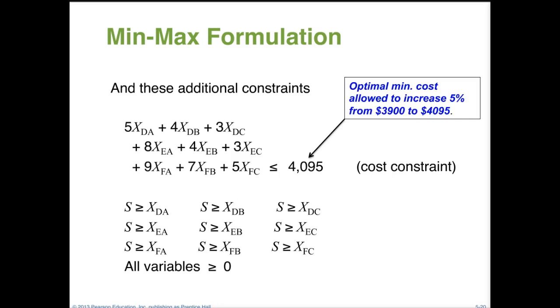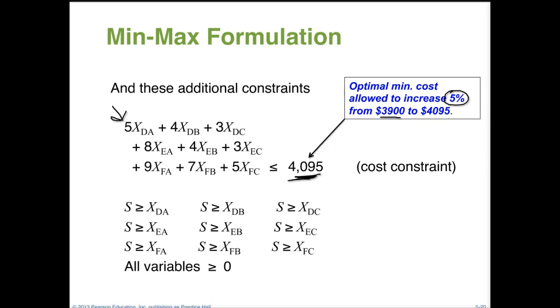So in this situation, that's why we're increasing the budget by 5% from $3,900 to $4,095. And of course, now our objective function was an equation before, but now is going to be an inequality. Okay, so this is an extra added constraint that we have.